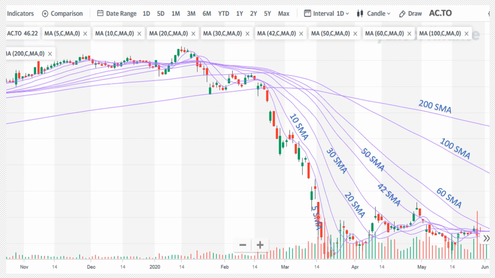You see, as the number of periods becomes bigger, the moving average curve opens itself and the distance between that moving average and the price chart becomes bigger and bigger. Here at 200, the distance is very far from the price, and at 5 SMA, the distance is very close to the price chart.